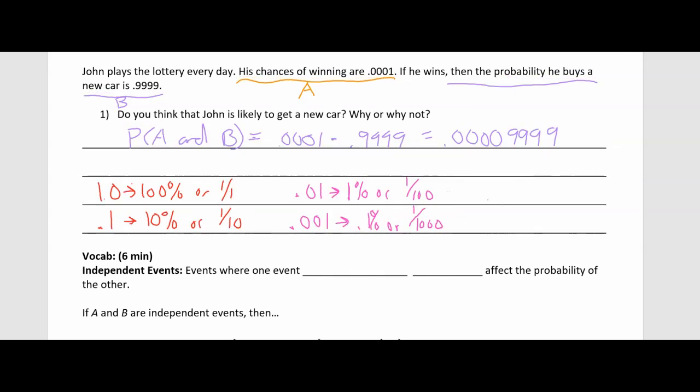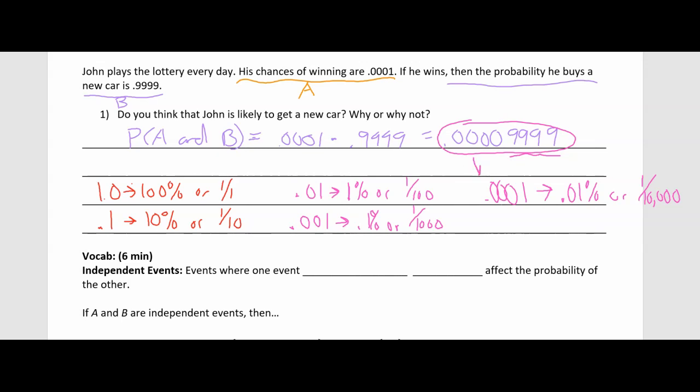And this next one is actually the closest to our purple probability up here, 0.0001. That is approximately 0.01%, or 1 out of 10,000. Right? If you rounded this 0.0009 up to 0.0001, it's really very, very close.